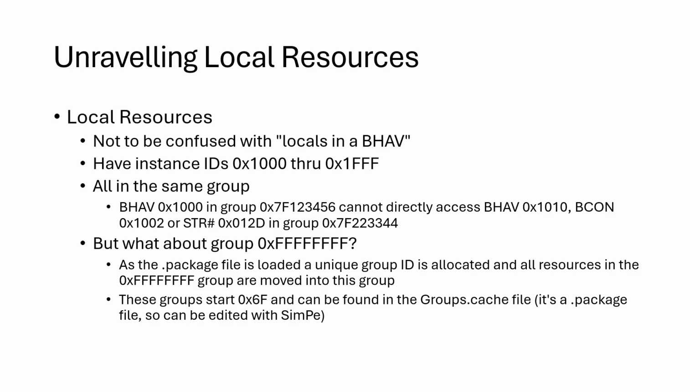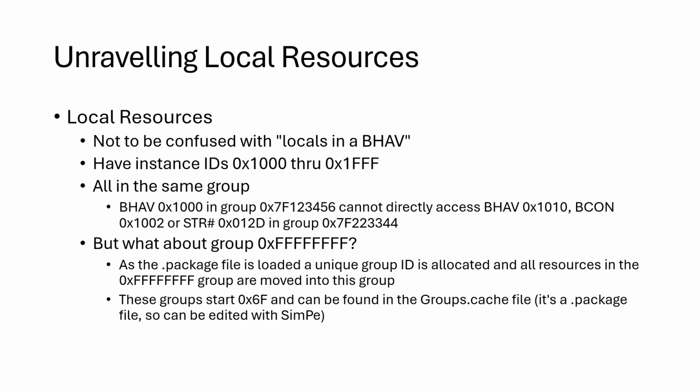They are also all in the same group as the main object definition. If you look in SimPE at the Maxis objects.package files, all their groups are in one file and they all have different group identifiers.